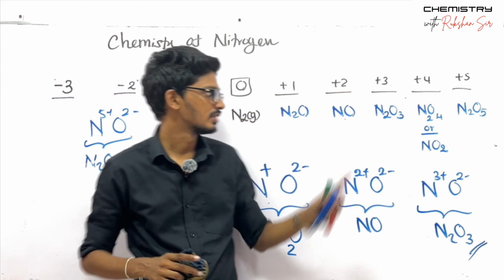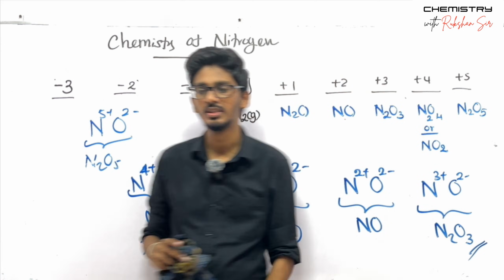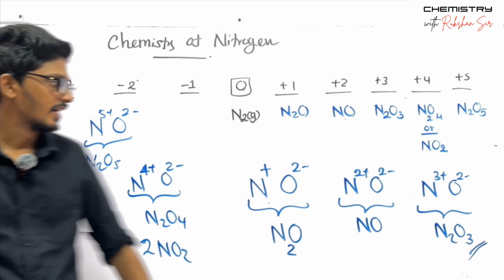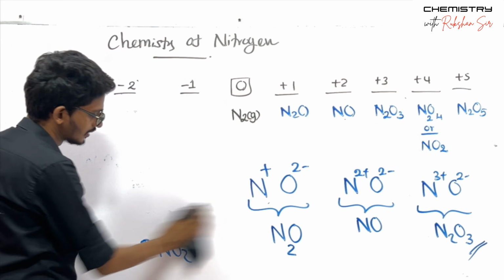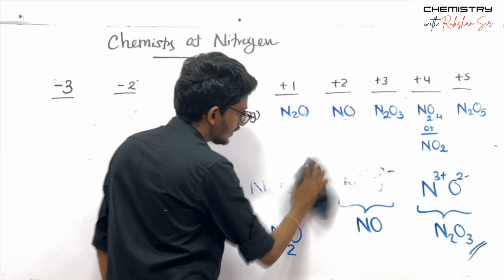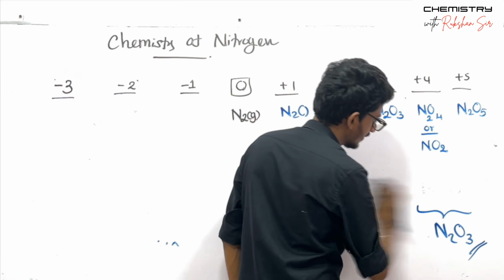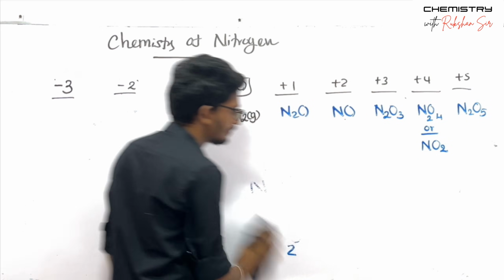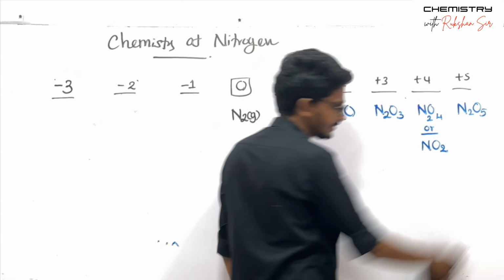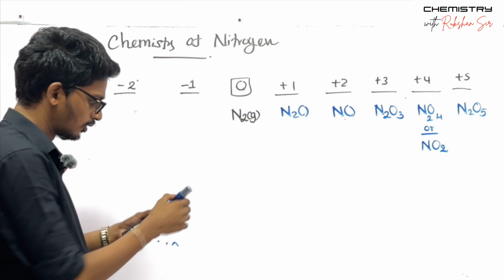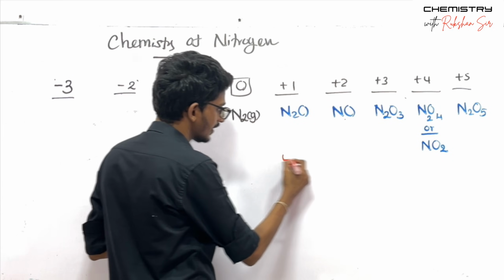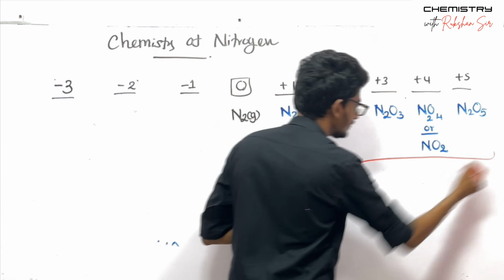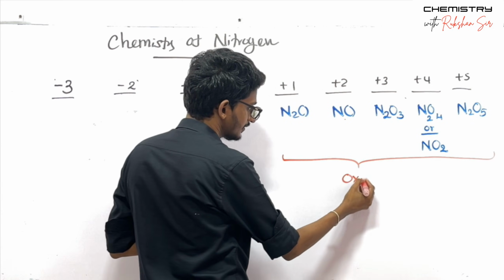But other than those, you can write oxides as examples for all the positive oxidation states. So it is easy to remember, and there is no need to study that much about the positive oxidation states. These are the oxides of nitrogen.